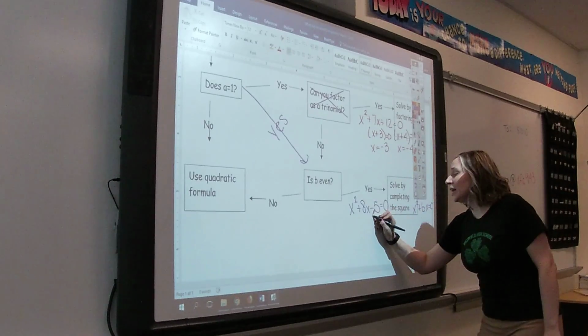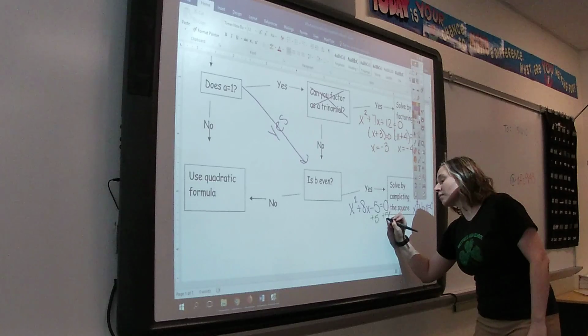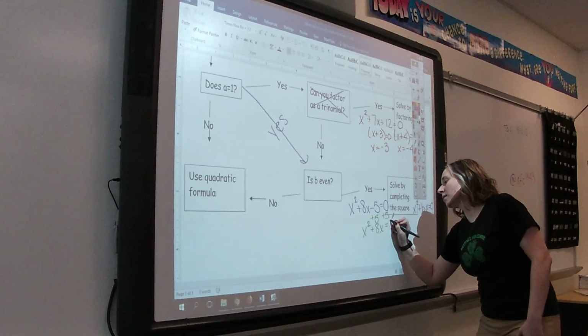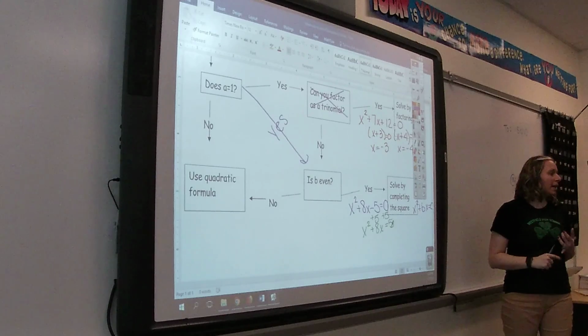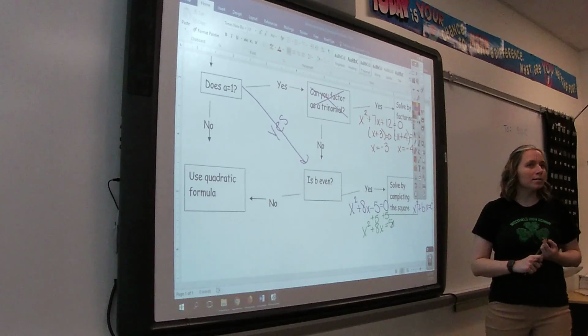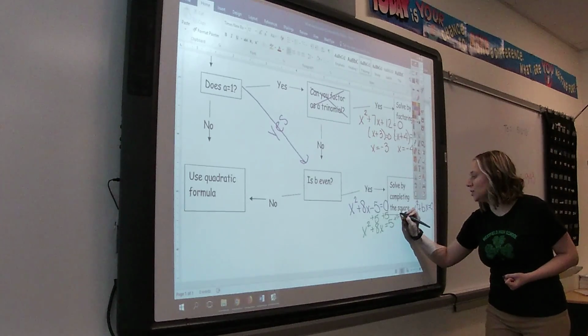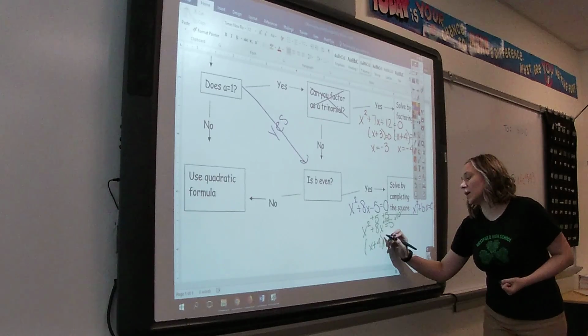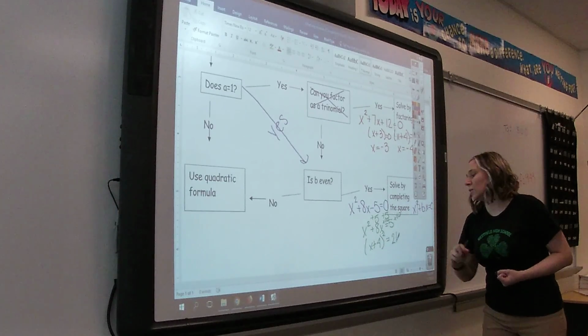So we could add 5 here to the other side, because completing the square says it has to be set equal to c. What does b equal? 8. What's half of it? 4. What is 4 squared? So we're gonna add 16 to each side. That ends up being an x plus 4 squared equals 21.